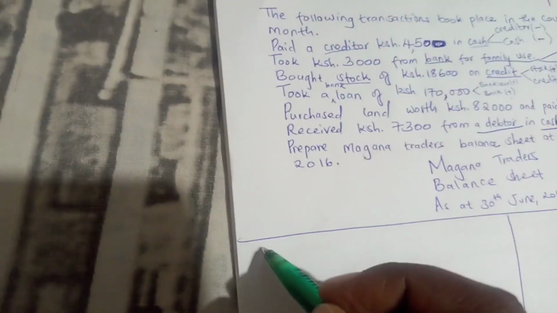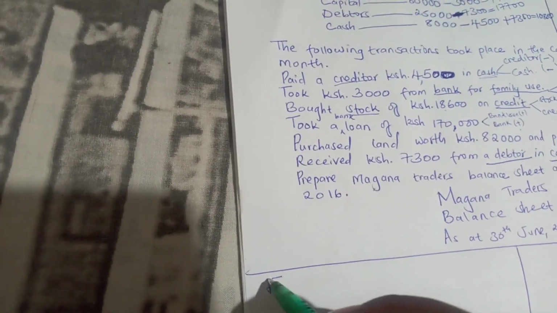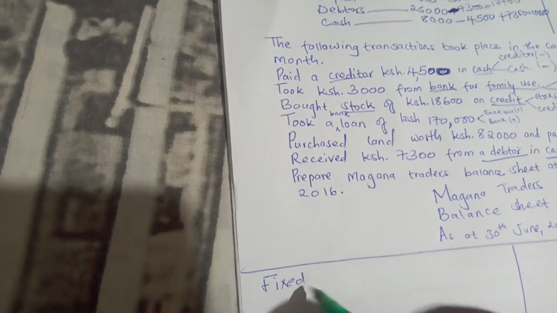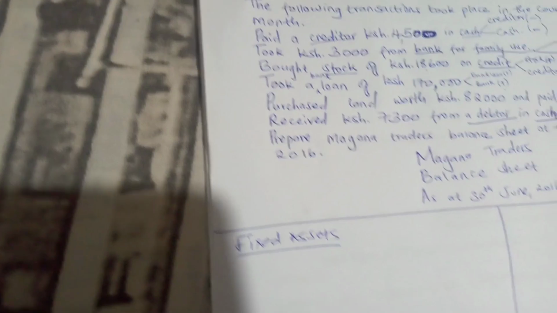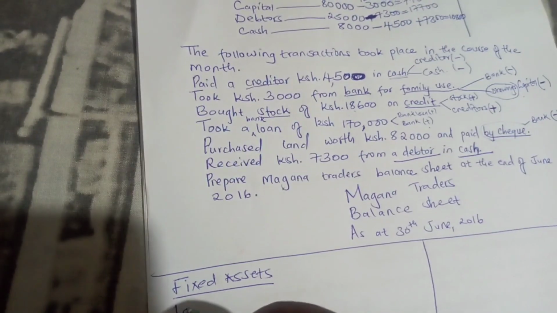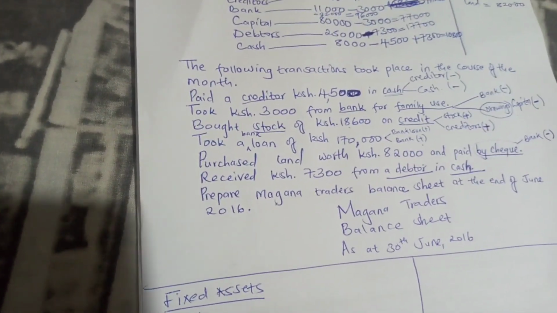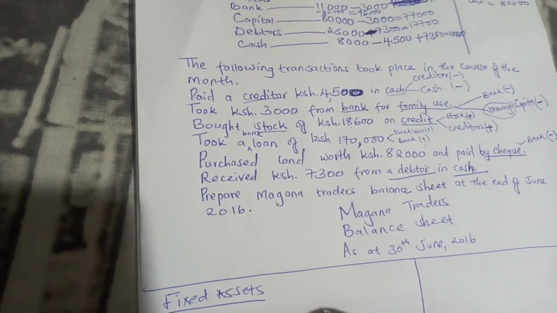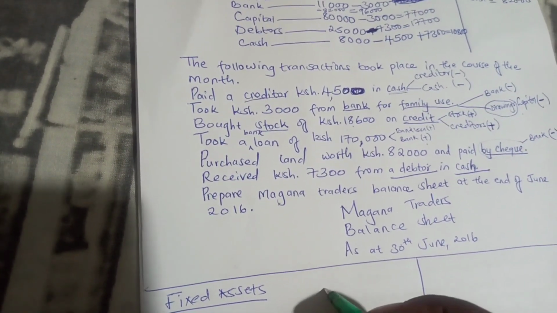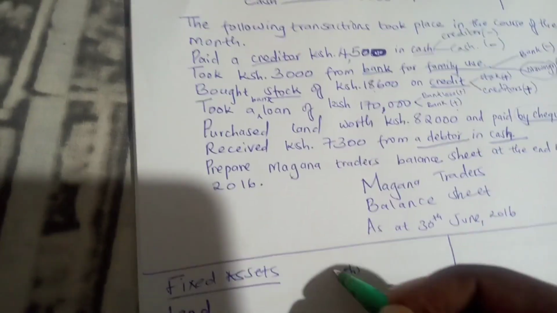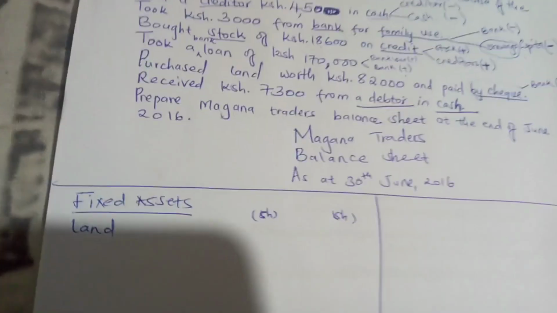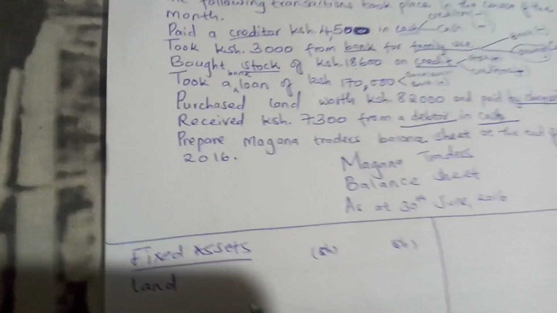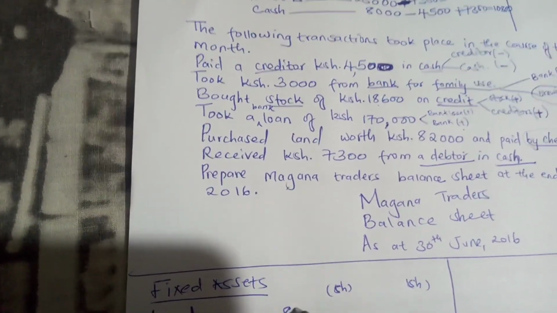It's good to be orderly. Our fixed assets, there we have land, which is 82,000. You can have two columns or one. Either way, it's correct.